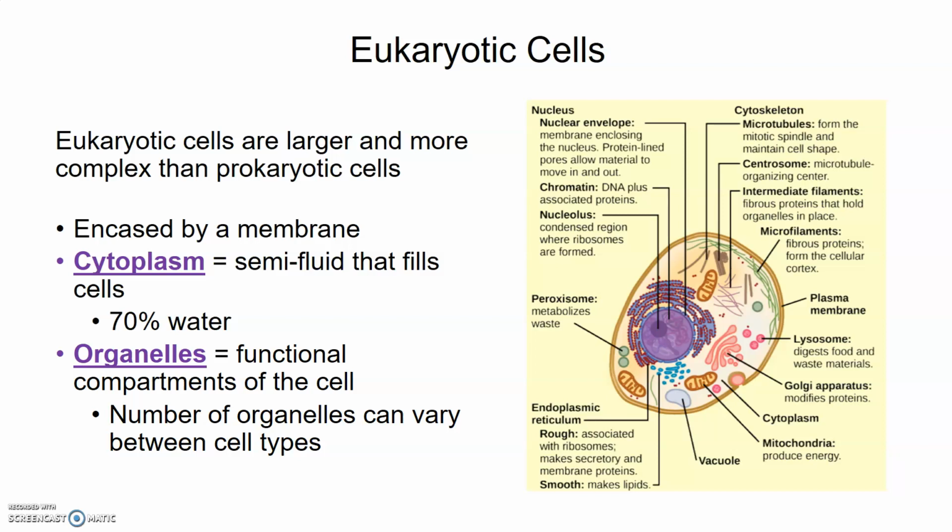And so our cells, like our neurons, actually have a ton of mitochondria because neurons need a lot of energy. And as we'll talk about in a little bit, mitochondria are the energy-producing organelle. And so depending on what your cell needs to do, it can have more or less of certain types of organelles. But it will have at least some of all of the things listed on the next or subsequent slides.